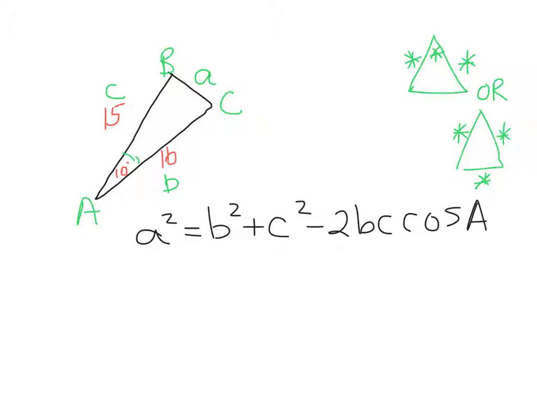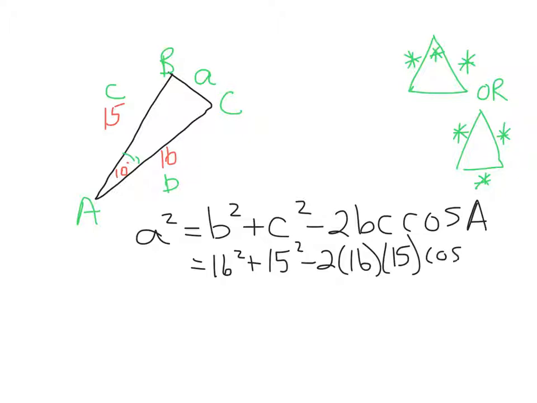So I'm going to just solve for side A. So A squared equals 16 squared plus 15 squared minus 2 times 16 times 15 times cos of 10 degrees. And you can actually punch that entire thing into your calculator at one time, because there's less room for error.